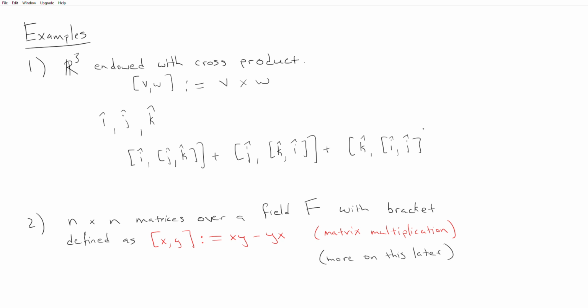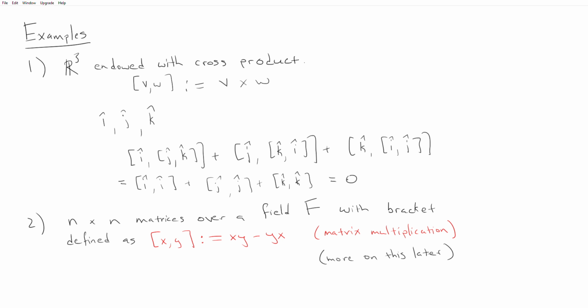Of course, you should have these by heart: j bracket k is i, so you get i bracket i, and similarly plus j bracket j, and plus k bracket k. And so by alternativity, of course, this is equal to 0 plus 0 plus 0, which is 0.